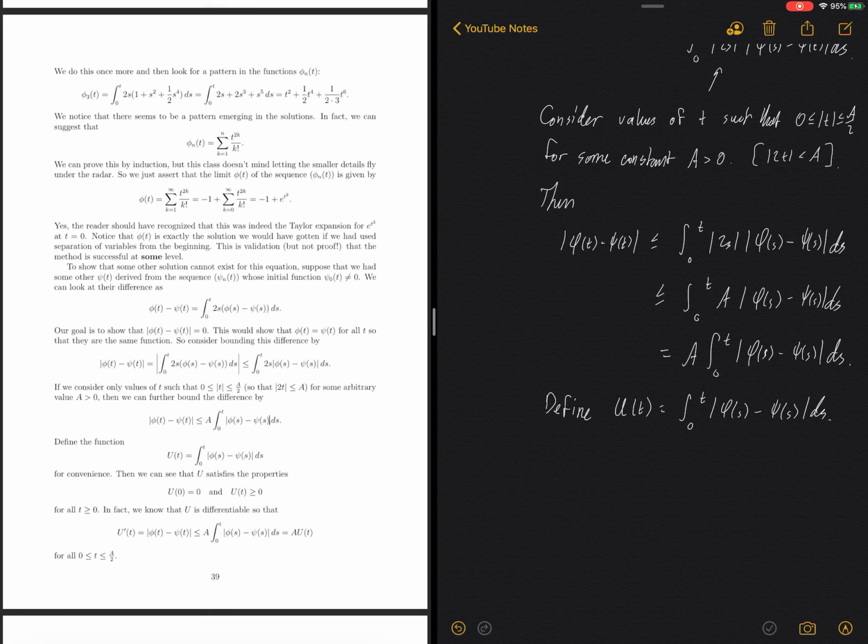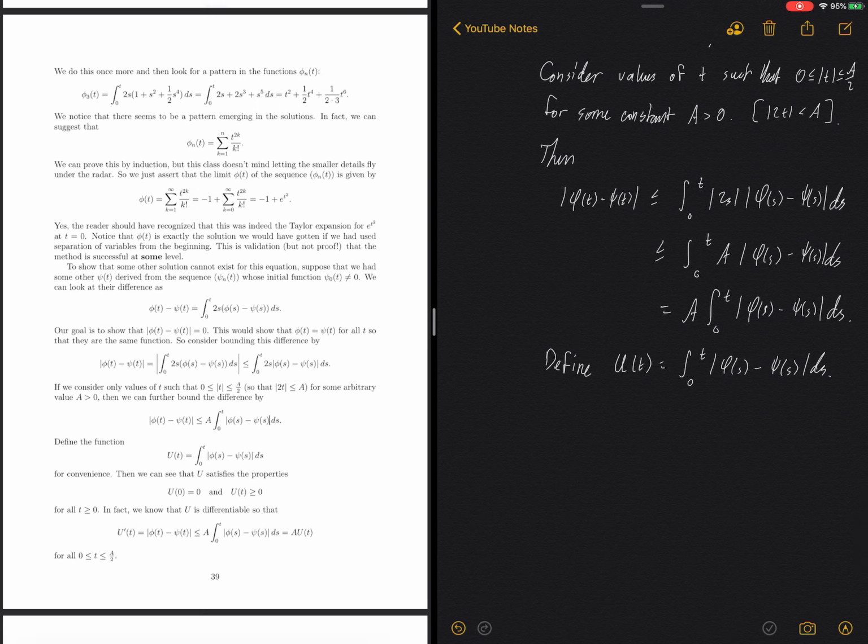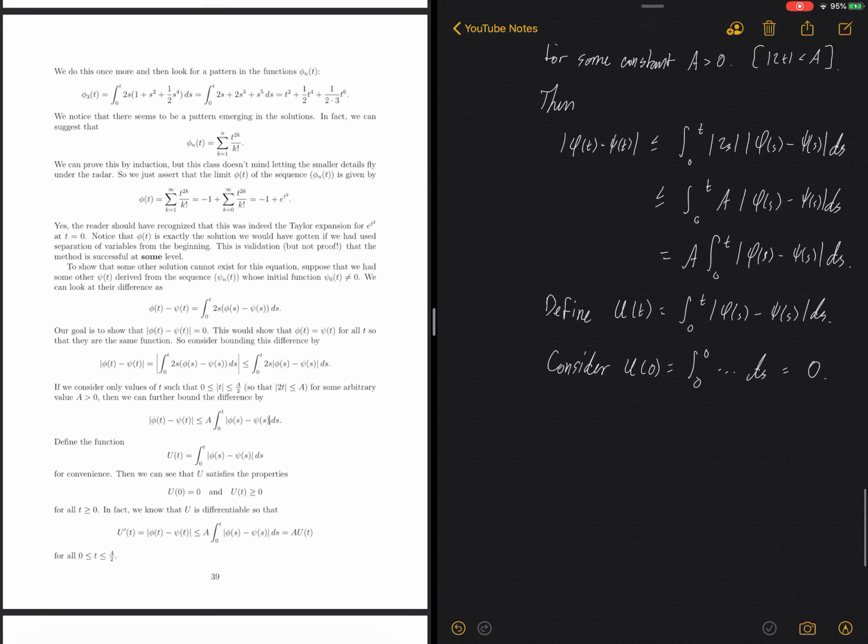Well, have a look. What happens if I define a new function here? Define u of t equal to this integral of the absolute value of the difference. This is going to be more of a technical argument here. What happens if I use t equals 0? Consider u of 0 equals, well, this is the integral from 0 to 0 of something, so this is definitely going to be 0. And I claim that u itself actually solves a differential equation.